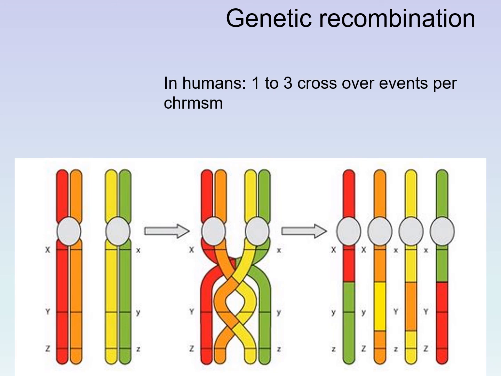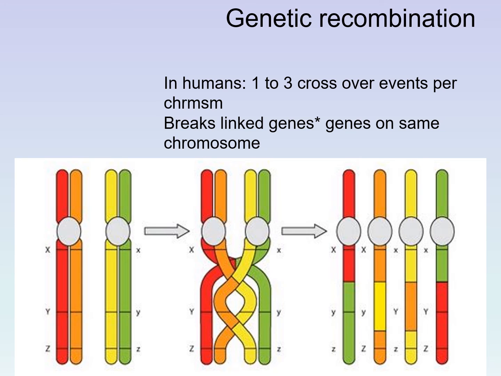Crossing over also breaks linked genes, which are genes that are normally found on the same chromosome and are commonly inherited together. So as a very, very general example, we know of certain pigmentation combinations that are common.